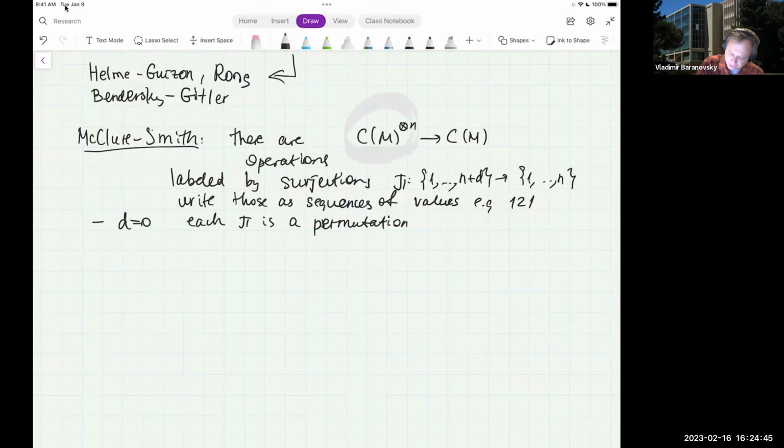So, for instance, operation 1, 2, if it gets applied to A1 tensor A2, gives A1, A2. And if we have operation 2, 1, then we need to swap the order of the factors and compute A2, A1. Right.